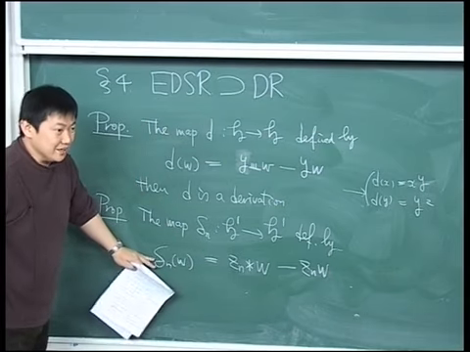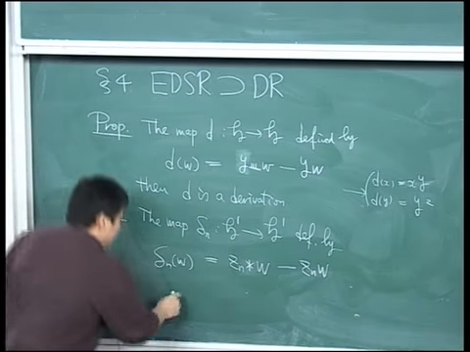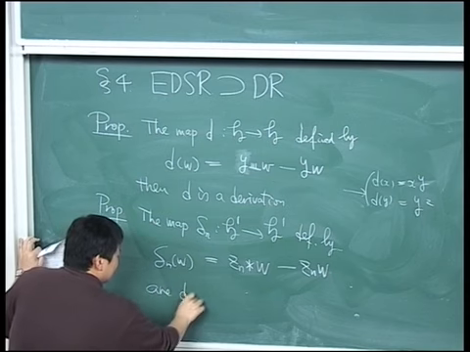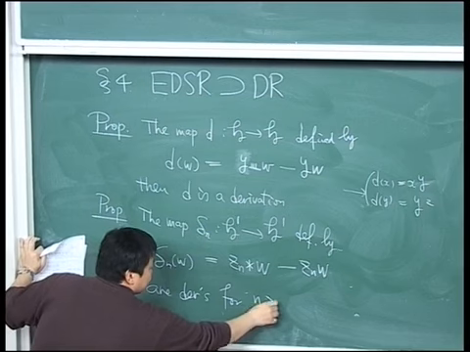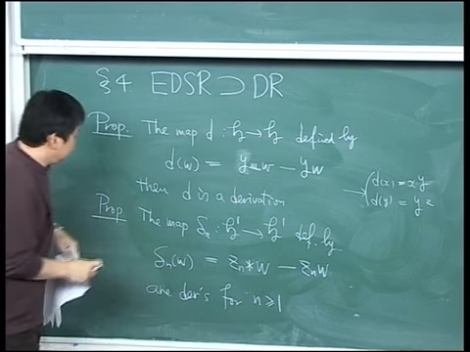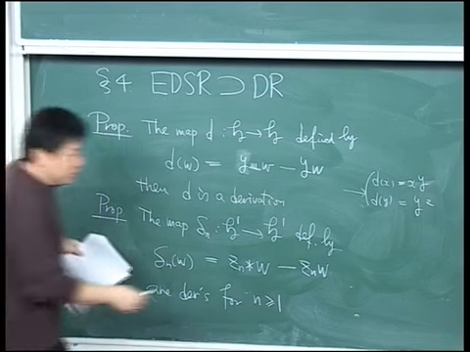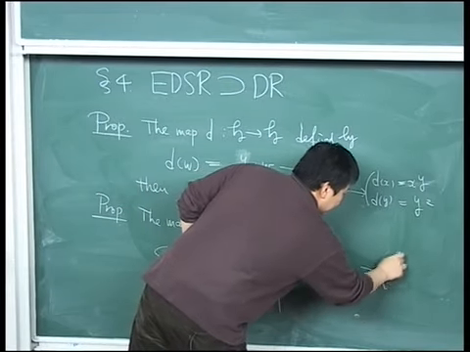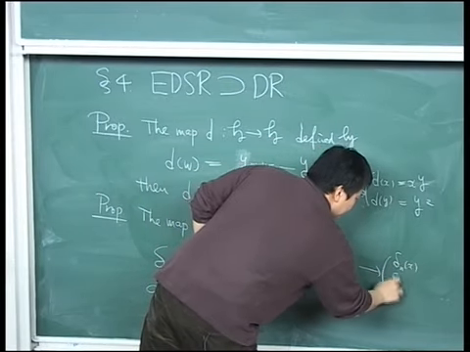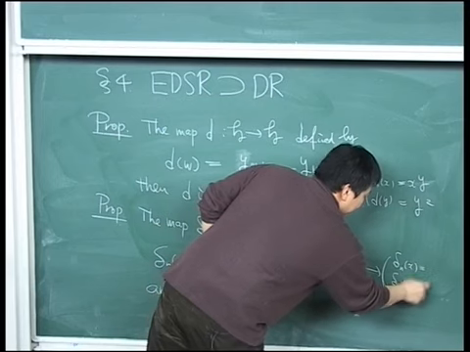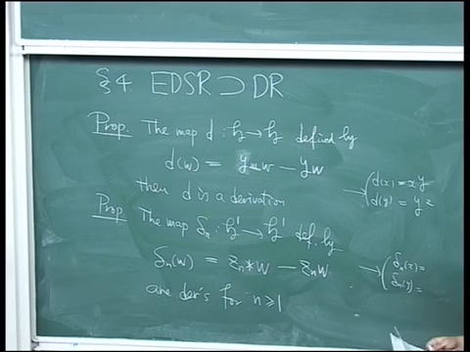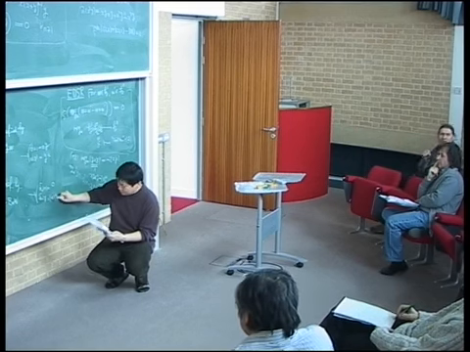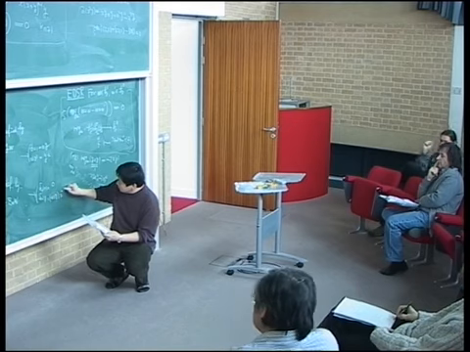This map also defines a derivation, a derivation for any n. You can compute the value on generators. The image of x is 0, and the image of y is x plus y, x to the n minus 1, y.